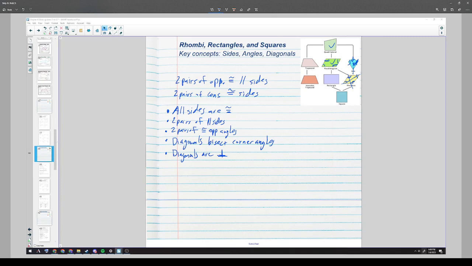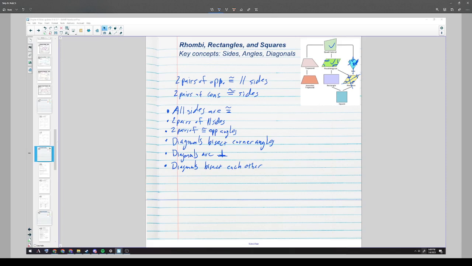We'll be able to solve for any kind of missing information using the Pythagorean theorem because we have right triangles. I think that's all our properties. We're also writing repeated properties too. So diagonals are going to bisect each other, and that was a property from parallelograms.